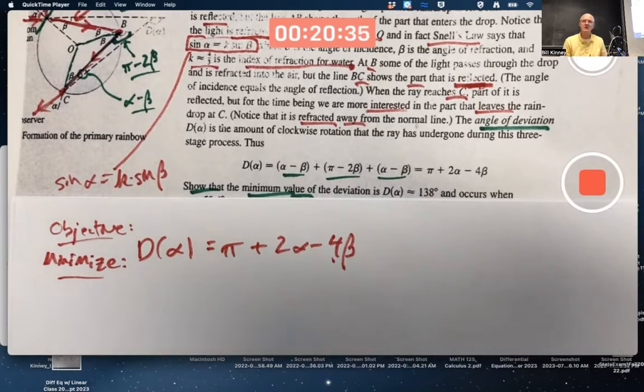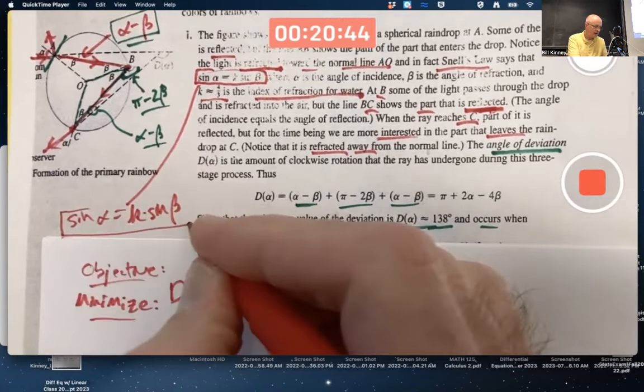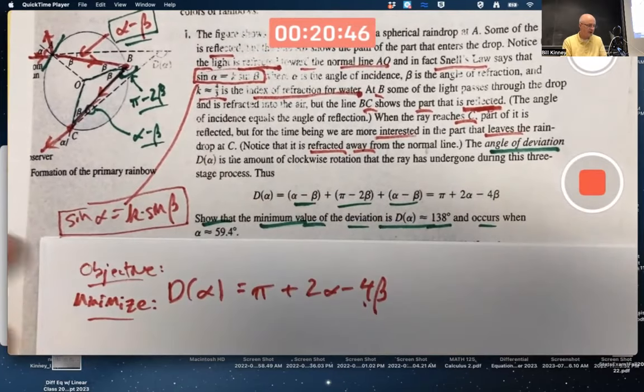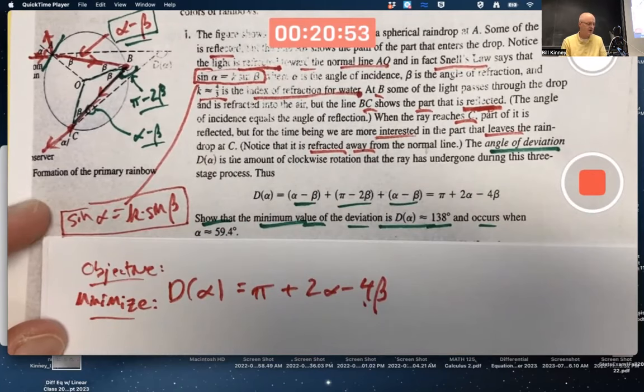No. There's a constraint. We can get beta in terms of alpha. How? With Snell's law. Snell's law gives us a relationship between alpha and beta. We could solve this equation for beta in terms of alpha.